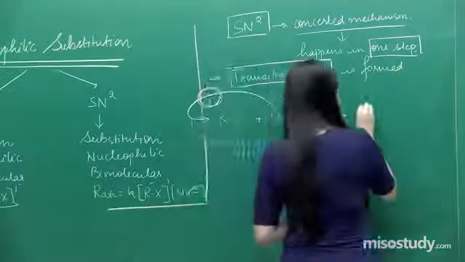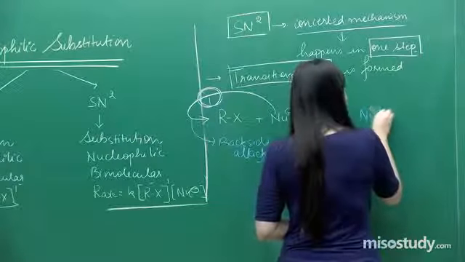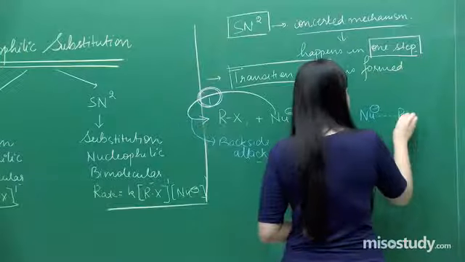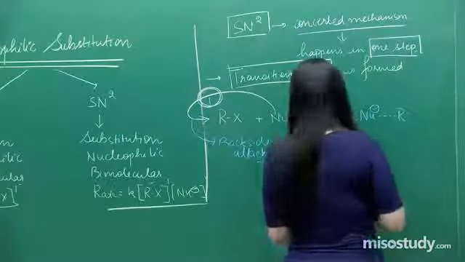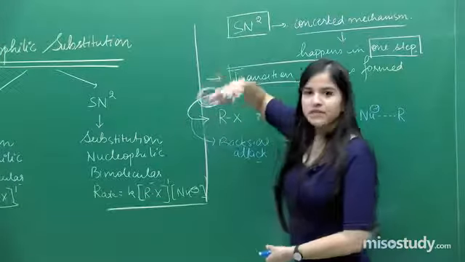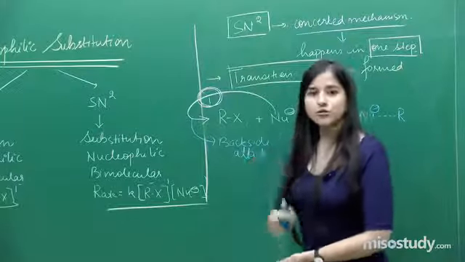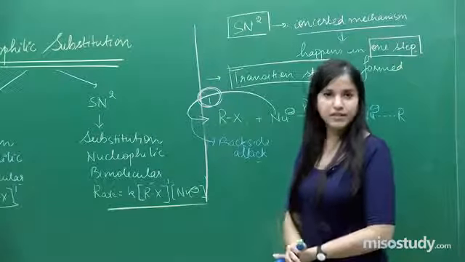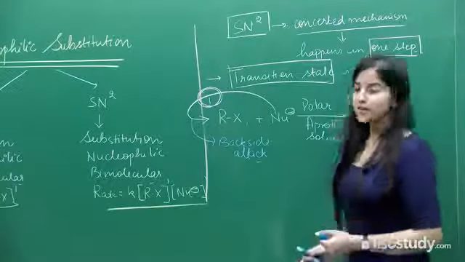What is that transition state? The nucleophile tries to get attached with the R, whereas this X tries to leave the vicinity just in order to reduce the number of repulsions, right? Reduce the steric hindrances basically.